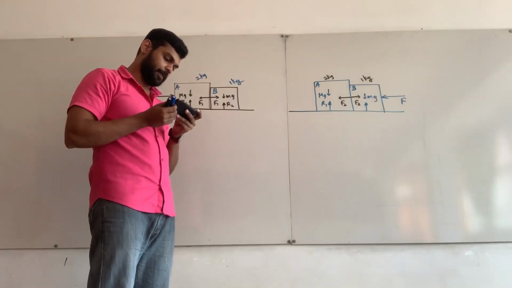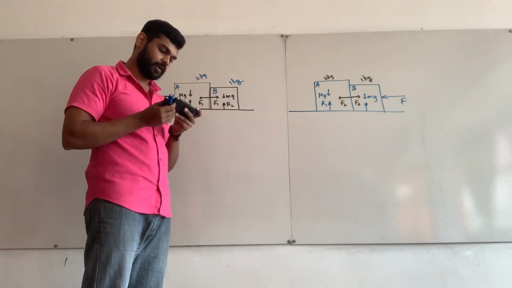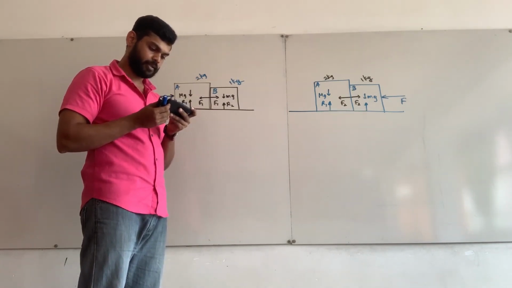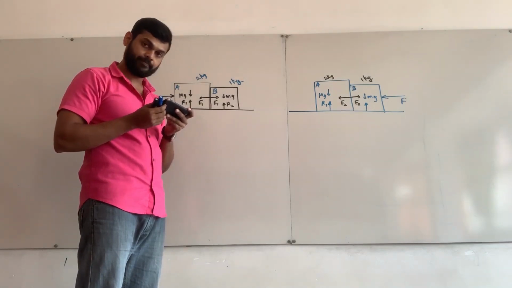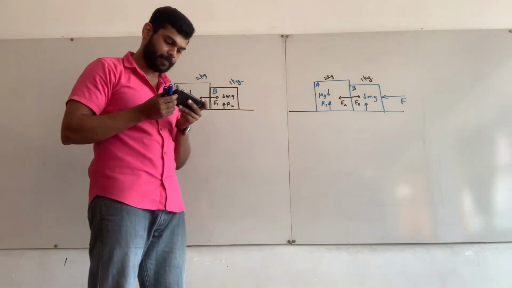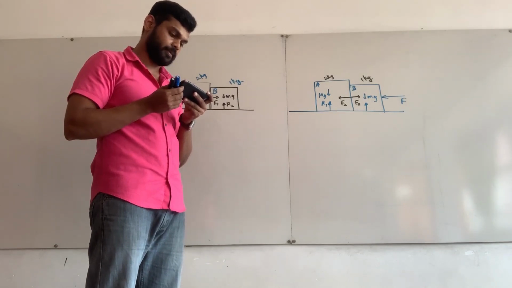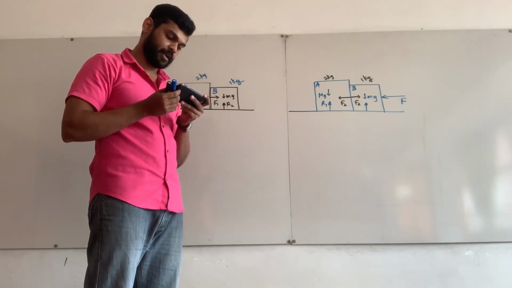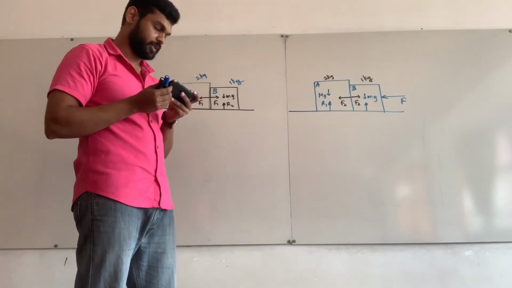Two blocks, A and B, of mass 2 kg and 1 kg respectively, are in contact on a frictionless table. When a horizontal force F is applied on A as shown in the figure, the force exerted by B on A is 1 Newton.